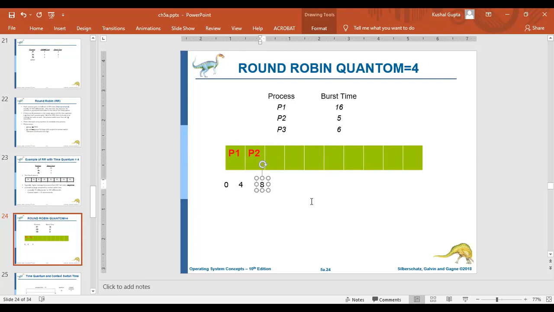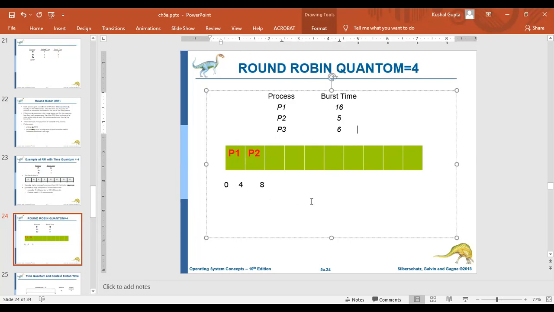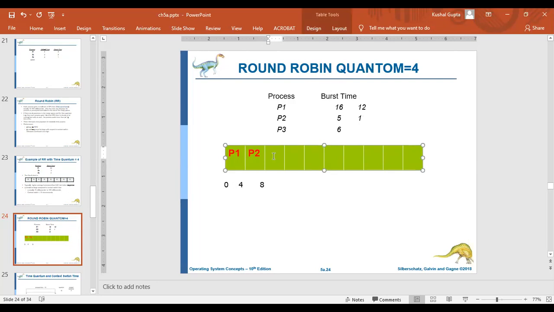Here it will end up at 8. So now how much time P1 is remaining? 12. That you should be having in your mind. How much time P2 is left? Only 1. Now P3 will be executing.